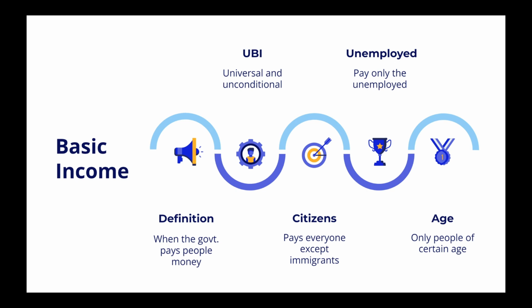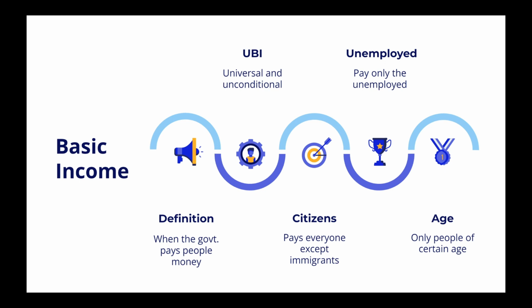There's also citizens UBI, citizens basic income, or when the government pays everyone except for immigrants. So the government only pays people who are US citizens. The next is unemployed basic income, so when the government only pays the unemployed, or people without a job.